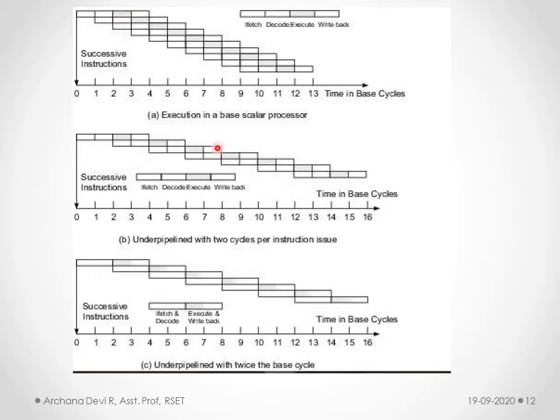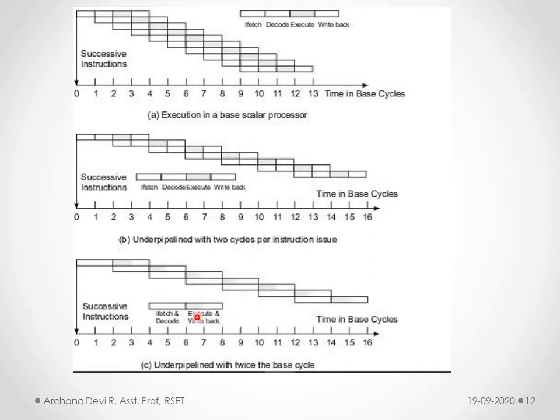So here it gets delayed. The successive instructions are pushed to the pipeline after 2 clock cycles, so you will have a CPI of 2 in this case. This is an underpipelined processor with 2 cycles per instruction issue. The performance of such a pipelined processor will be low.